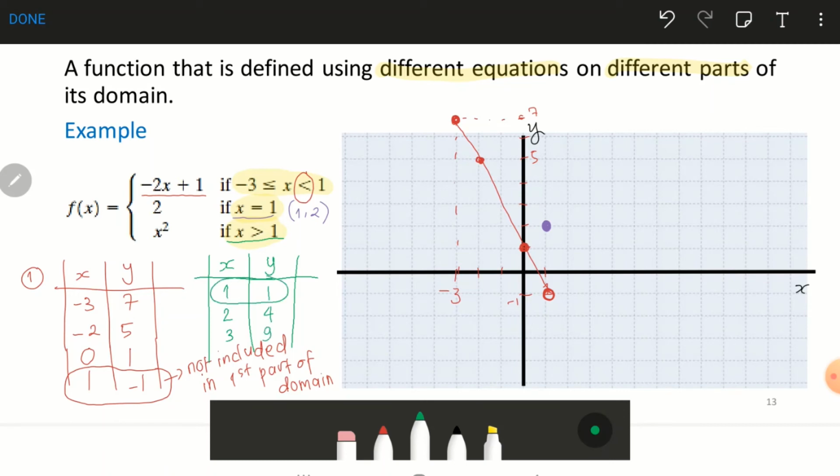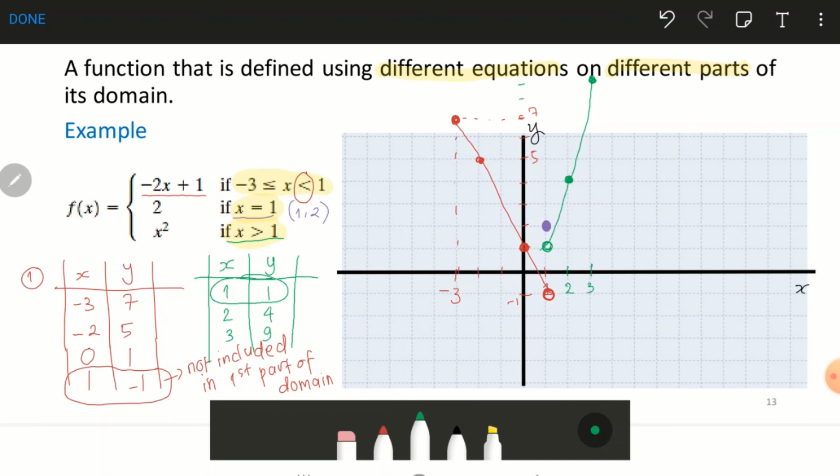But again, be careful, 1 is not included in the third part of the domain, so we cannot make it a full dot. So 1 with 1 is going to be somewhere here, then 2 with 4, and 3 with 9. Let's make it up there. We know it's a curve, so we can make it something like this.